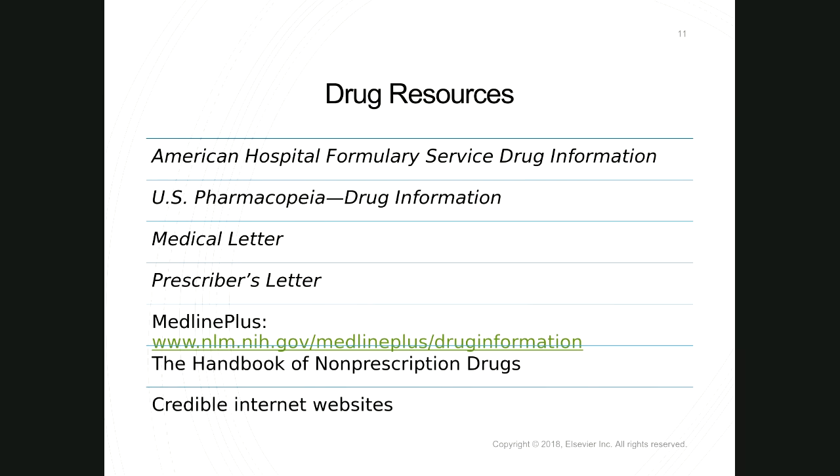And nurses can't provide or prescribe or administer drugs without the healthcare provider's order. Nurses who administer a drug without a licensed healthcare provider's order are in violation of the Nurse Practice Act and can have their license revoked.